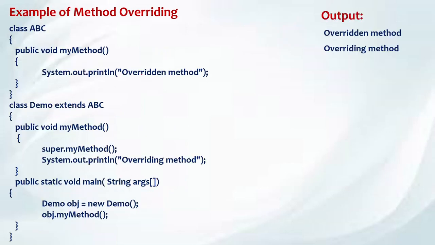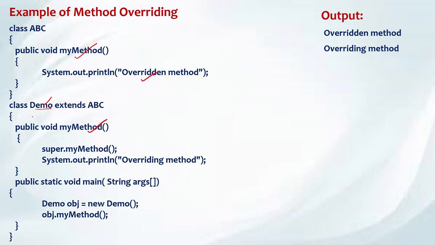In this example, this is the superclass and this is the subclass. Demo is a subclass which extends, that is inherits the properties of, the ABC class. In the superclass, public void my method, inside that System.out.println prints "overridden method".